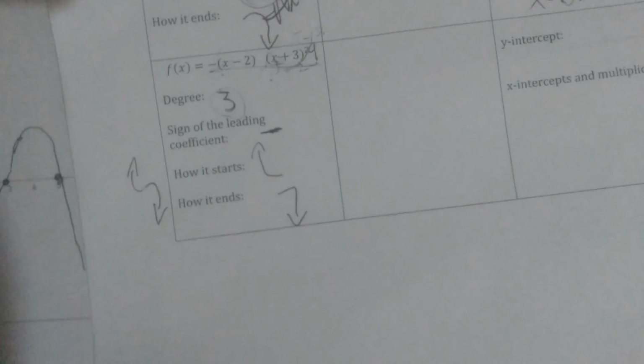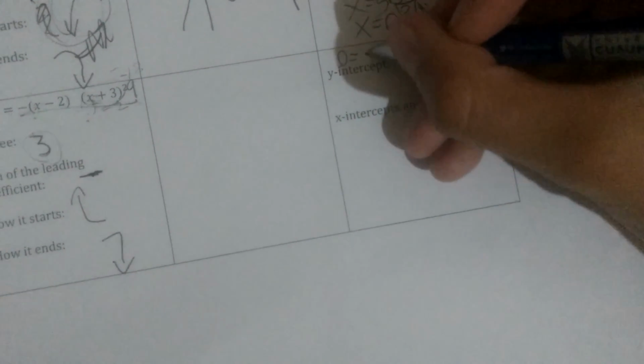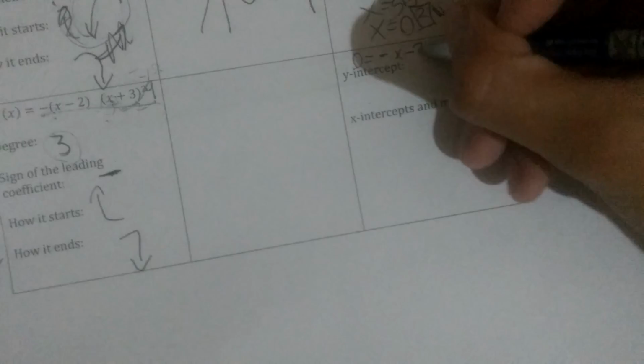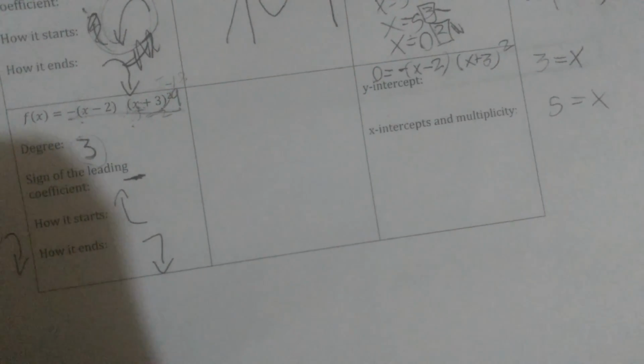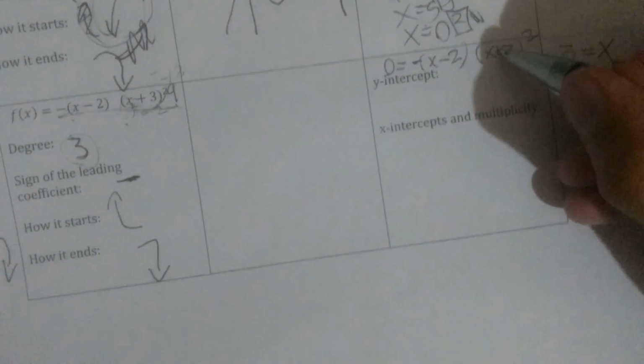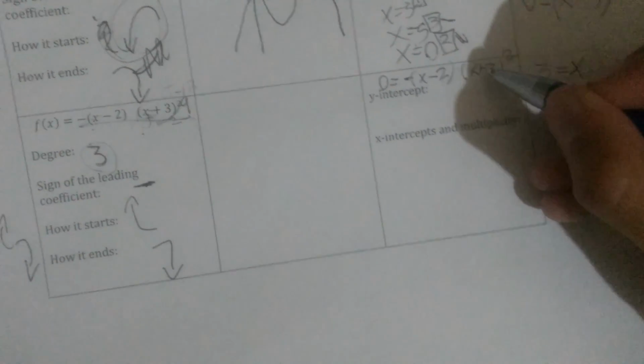The next thing is to get the y-intercept. The y-intercept is when x equals 0, in each one of the factors: x minus 2 and x plus 3 squared. So 0 plus 3 is 3, and 3 times 3 is 9.